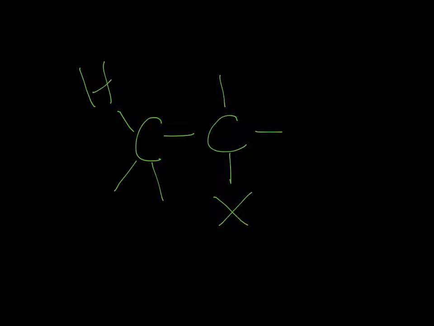You have to have your base. I'm going to show it as a B minus. But a good example of a base would be an alkoxide. So just think of ethanol and drop the hydrogen. An ethanol that doesn't have that hydrogen is called ethoxide.